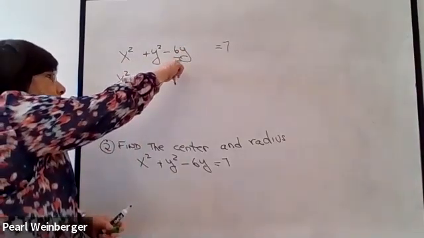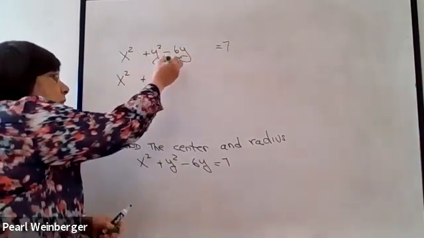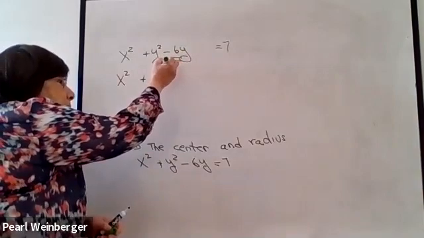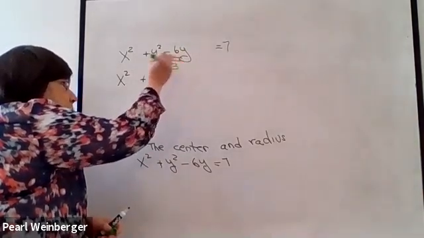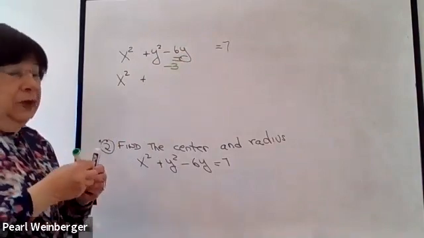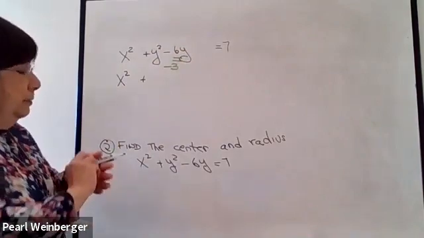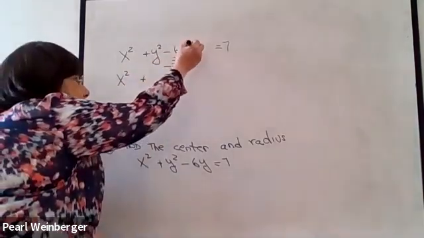If you recall, what we do is we divide that number by 2, which gives me -3. And I multiply that number by itself, I square that number. So -3 times -3 becomes +9.